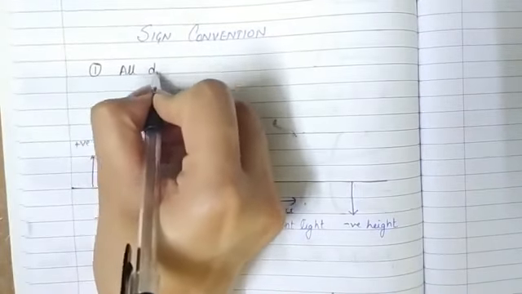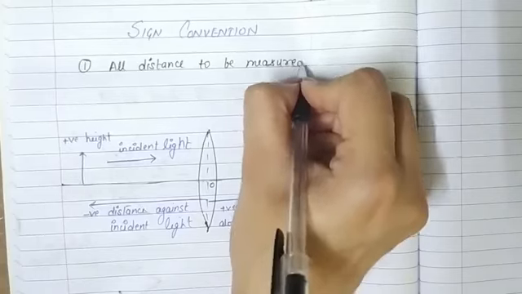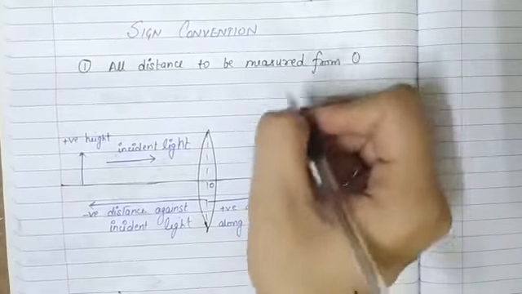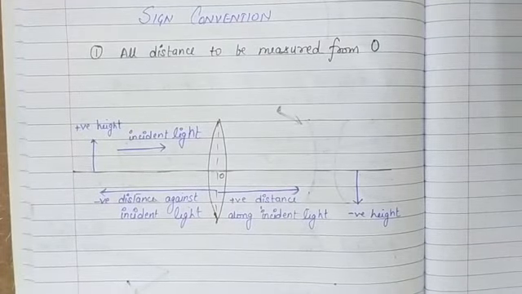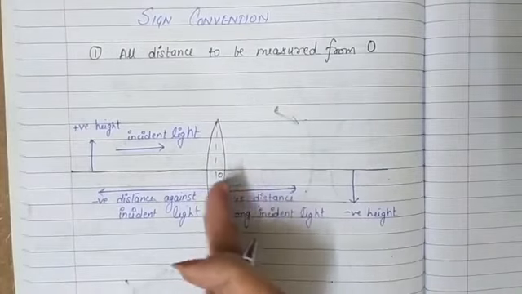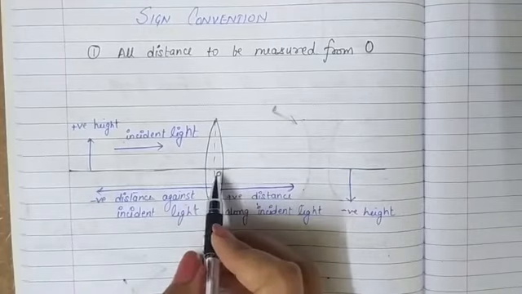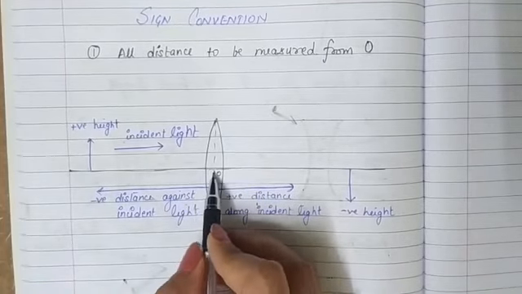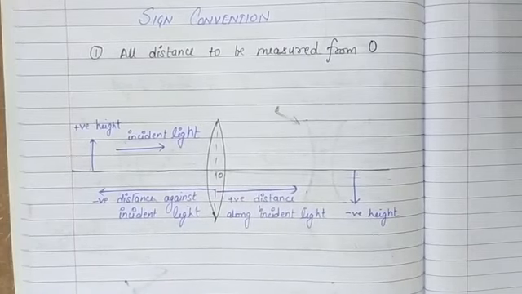This is the first point: all distances are to be measured from the optical center, or I am writing it as O. Now, if we are measuring distances in the same direction as the incident light, that means from left to right or towards the right of this optical center, if light is coming from left to right and the distance that we are measuring is also from left to right, this kind of distance, then we take it as positive.